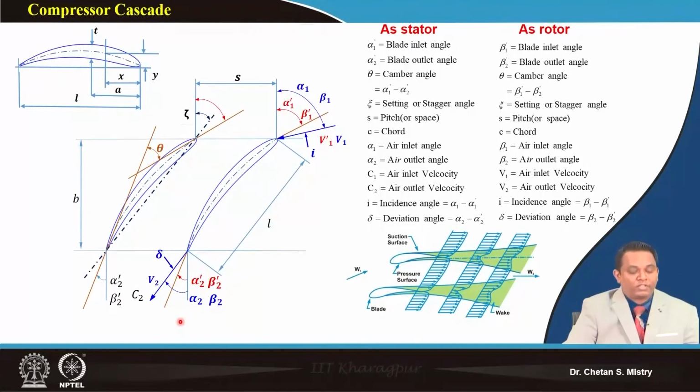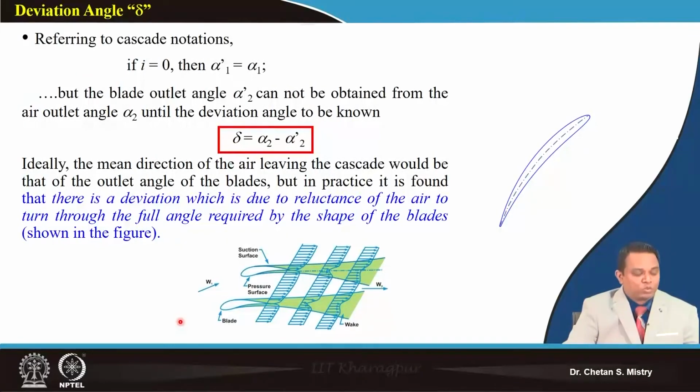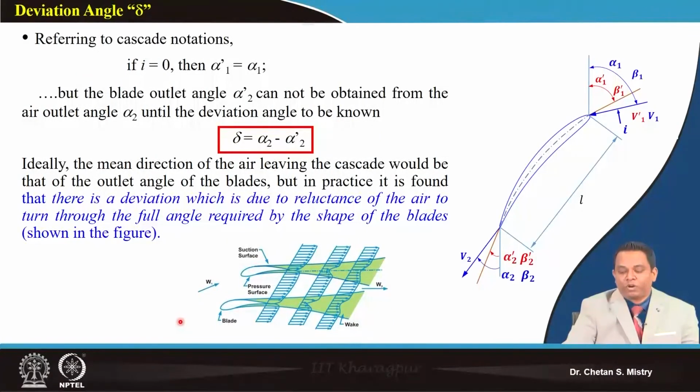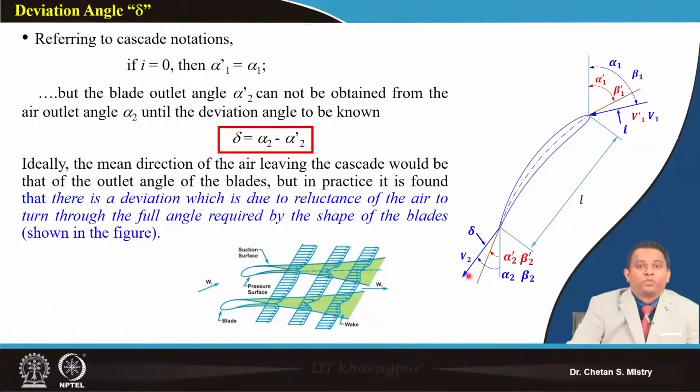Okay, so let's look at what we have realized. Here we have discussed our deviation angle. This is what we have defined as the deviation angle. Suppose I consider my incidence angle to be 0, that is my design condition, but still my deviation angle can never be 0. This is because of the inherent property of the aerofoil, because of what is happening on the suction surface of the aerofoil.